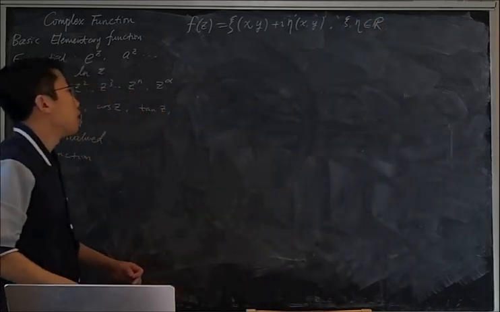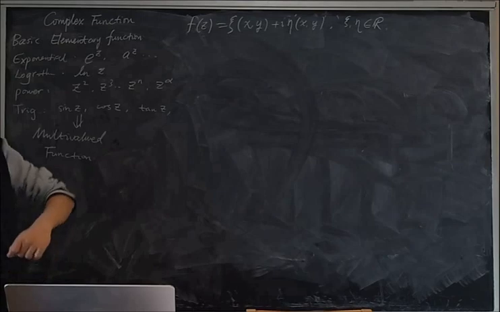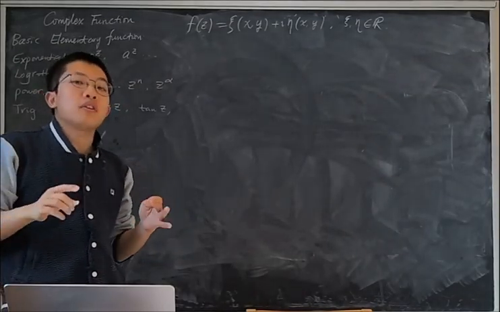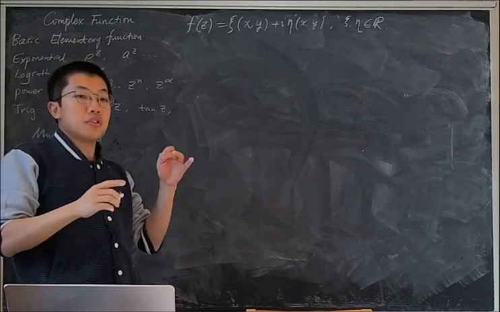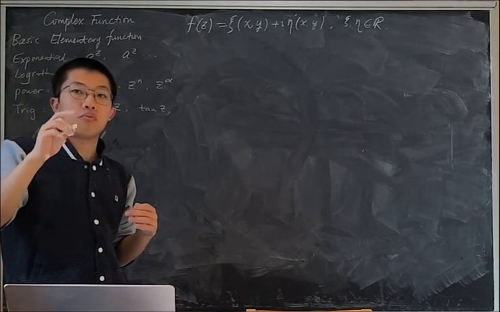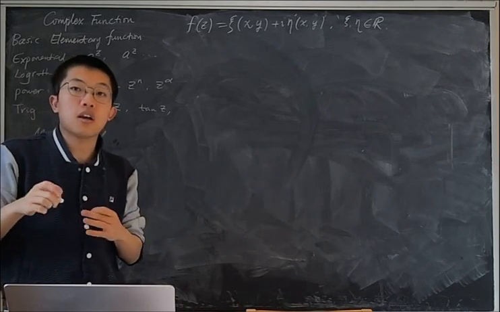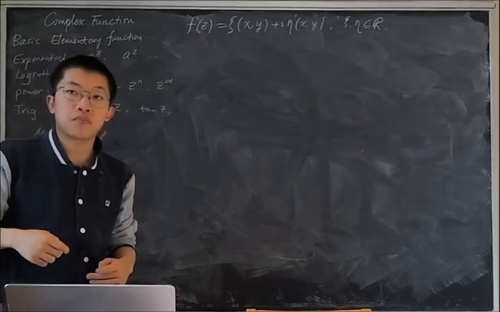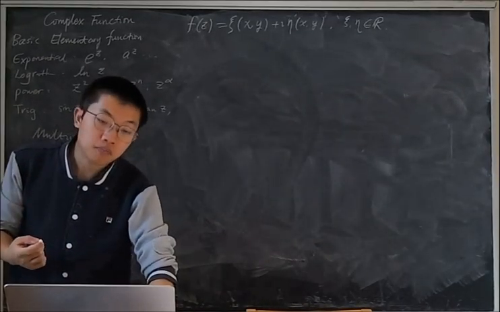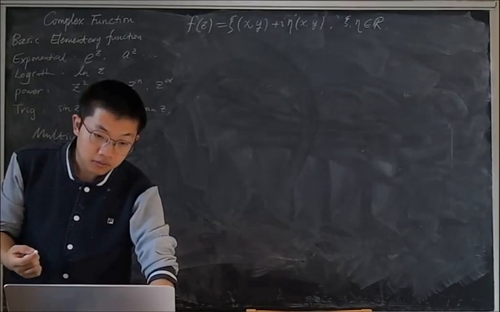So in the previous example, I illustrated two different limits by letting h approach 0 along the real axis and the imaginary axis. Here, actually, we're going to do exactly the same thing. Let's see.